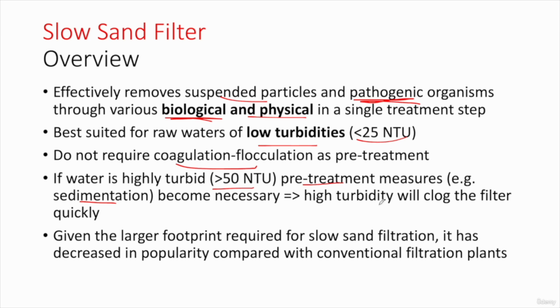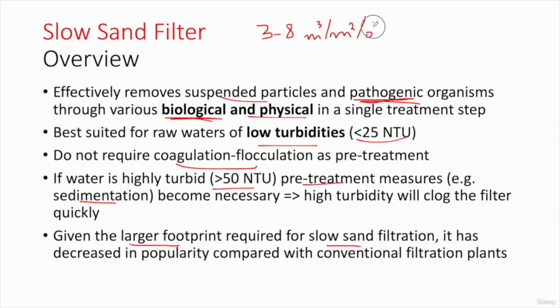Now, the biggest disadvantage of a slow sand filter is the large footprint. It requires a big area compared to a rapid sand filter. Why does it need this huge area? Because the rate of filtration is between 3 to 8 cubic meters per square meter per day. Just try to imagine this number.